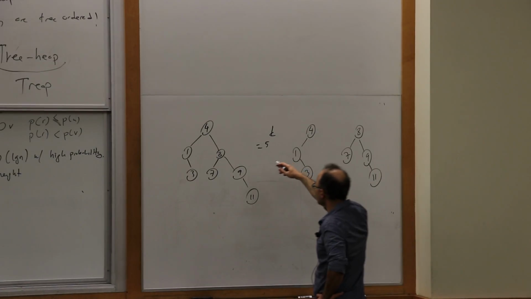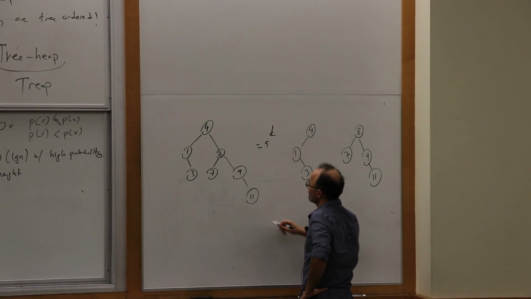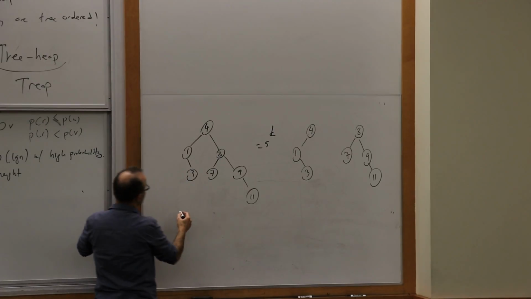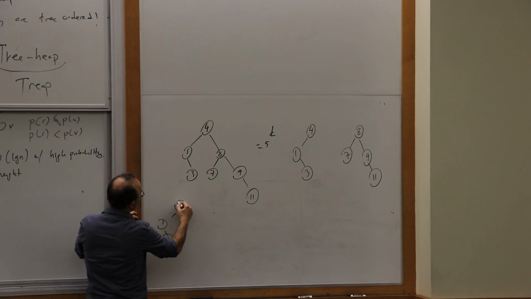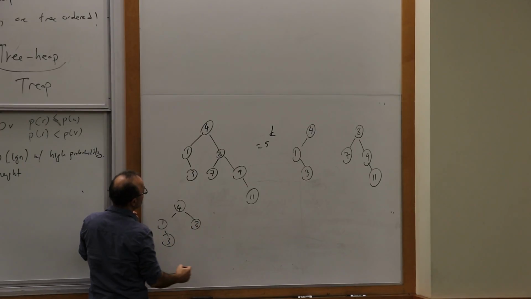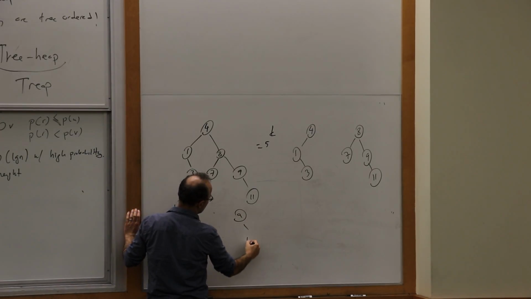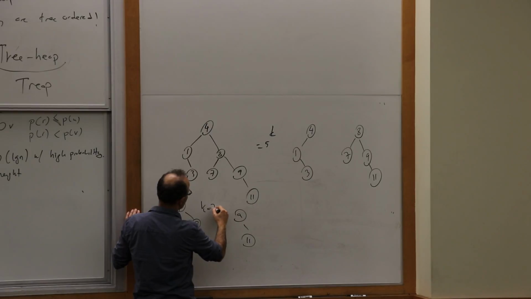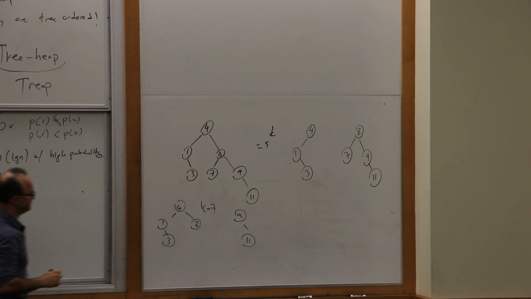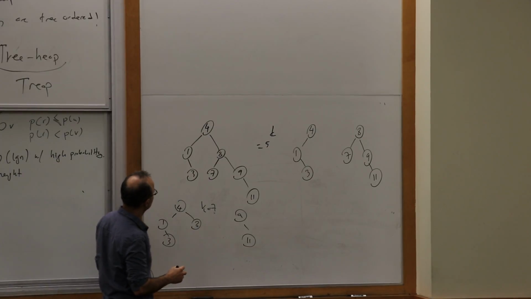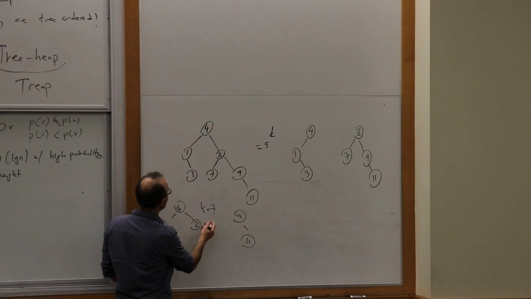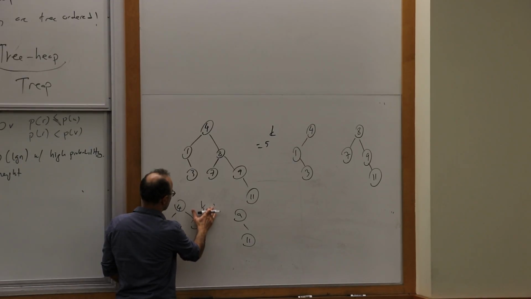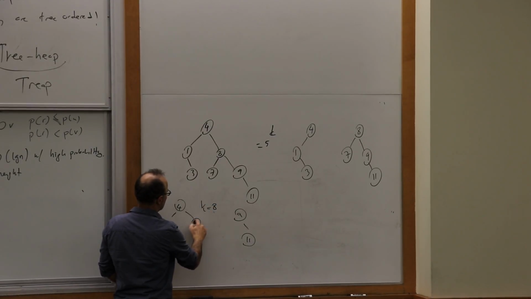It's not needed because they are priority ordered already, so there's no need to shuffle them around. We're just going to keep them exactly the same. Let's say we split at 7. Wait, did I miss something? I did something funny, that's not right. Let me do 8. Sorry.